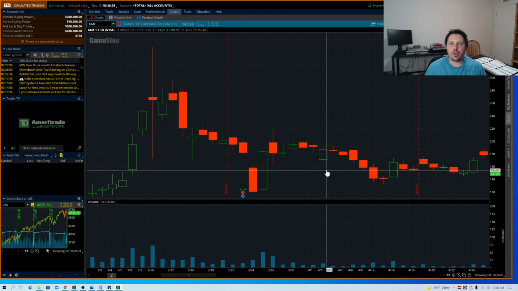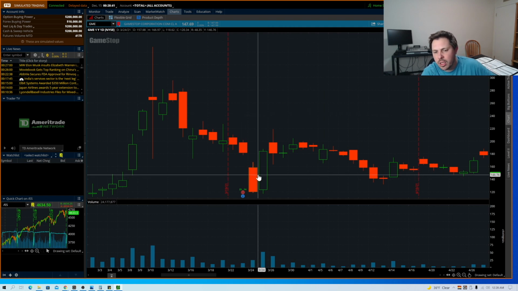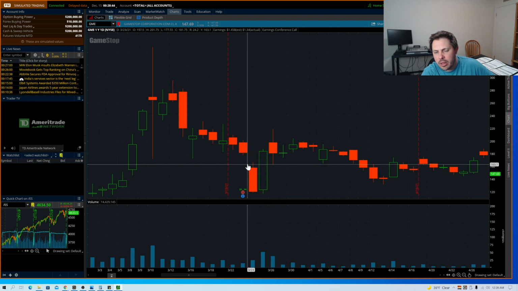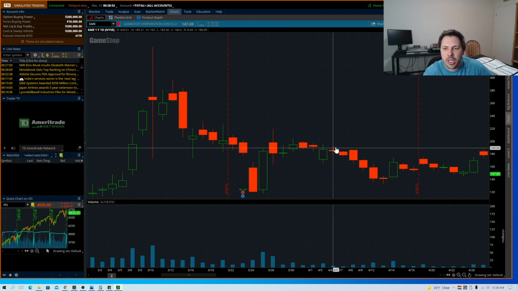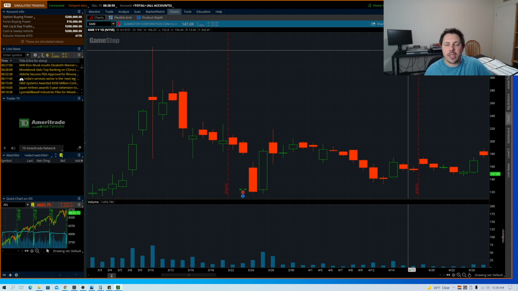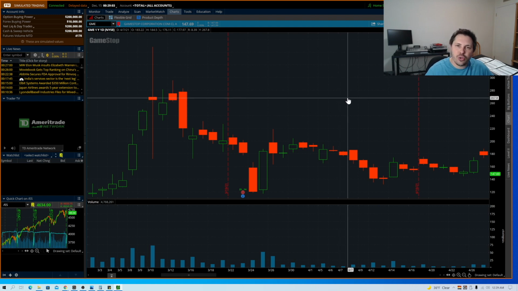So the important thing to know about these bars and these candles is that there's a lot of information in them. You can definitely see that when you couple the actual bar itself with the makeup of volume that goes along with that price action. There's a lot of things we can discover, like when momentum is about to change, or when a move is about to start, or when trends change.